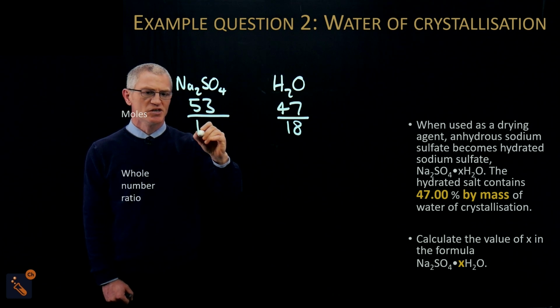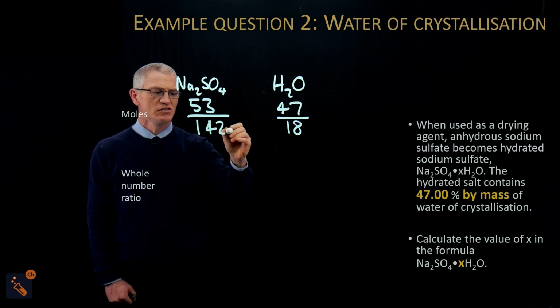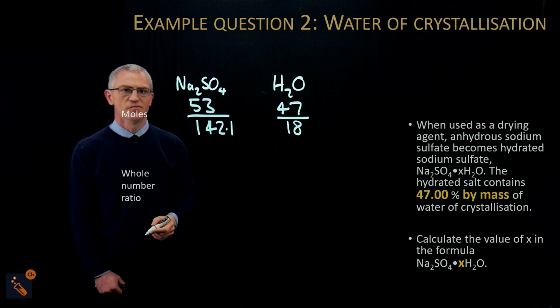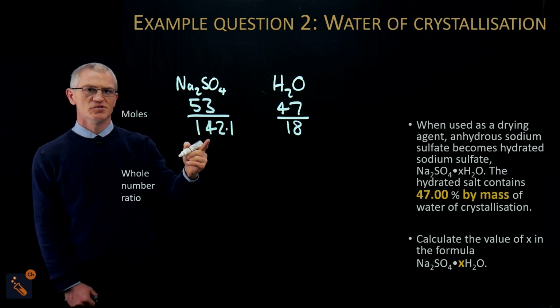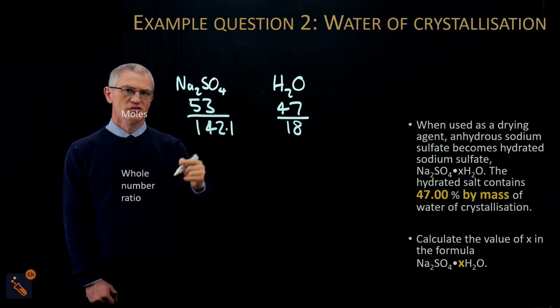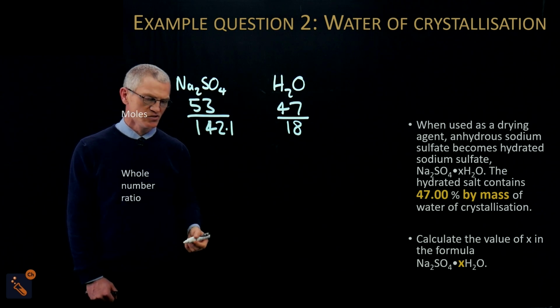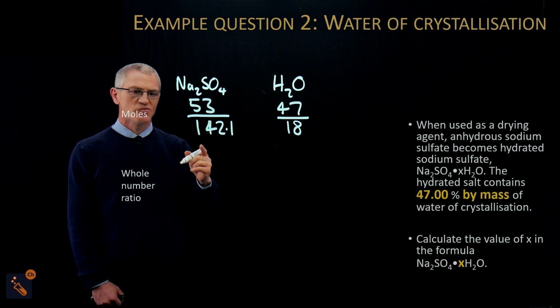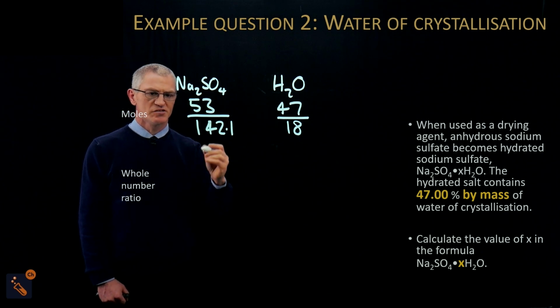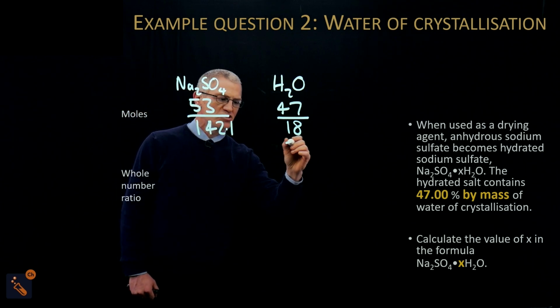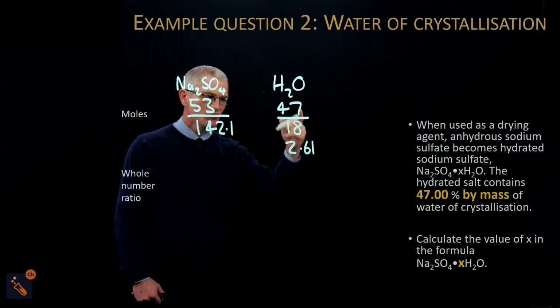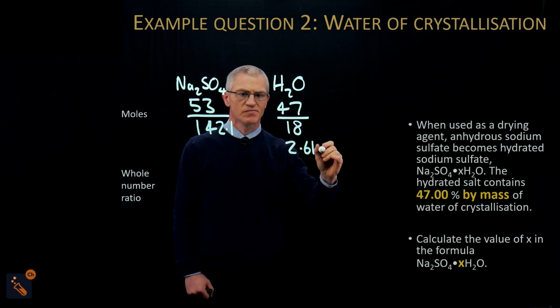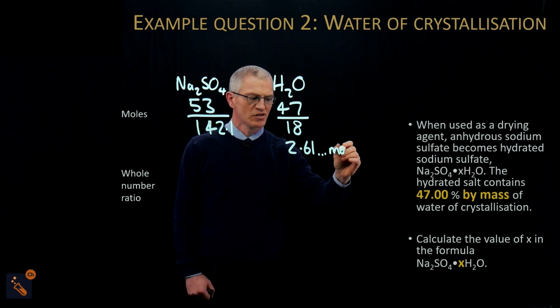That will be 142.1. So we've got 53 divided by 142.1, the molecular mass of the sodium sulfate. From that point, we work out the number of moles. The moles of the water is 2.61 when you put this into a calculator, and that is a number you should keep in your calculator.